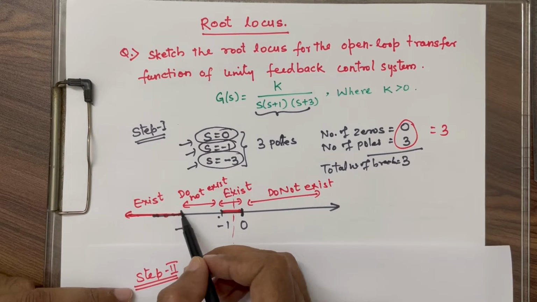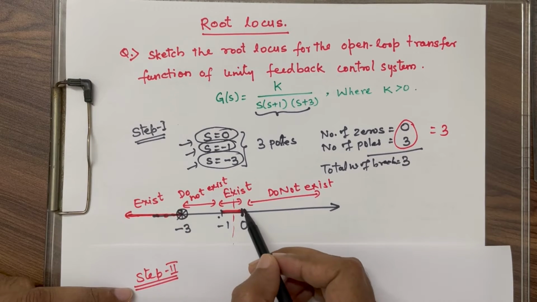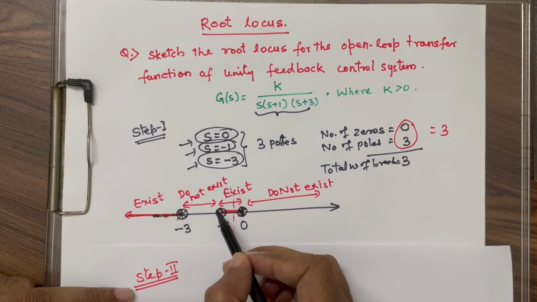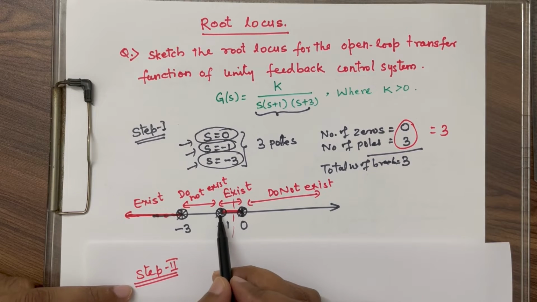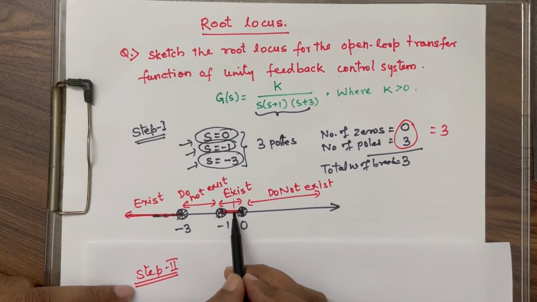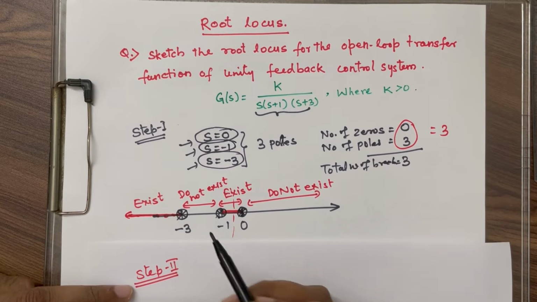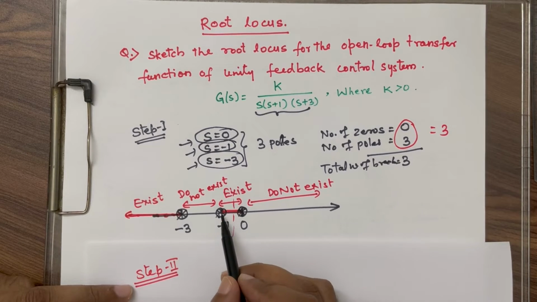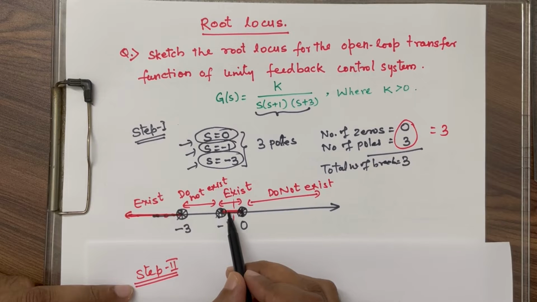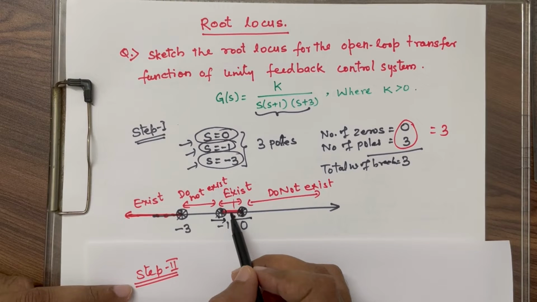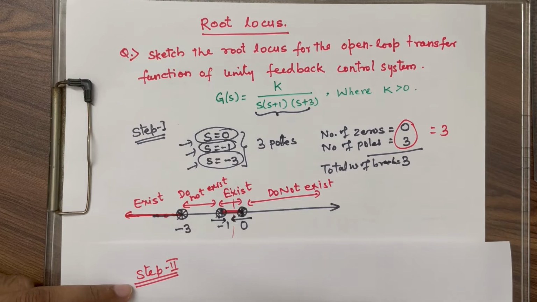So one will start from here, another from here, and then here. When it starts from minus 1, it will go towards the right only, because the left side does not exist. From 0 it will start moving to the left side, this way and this way. And finally they will meet somewhere and break away from there.